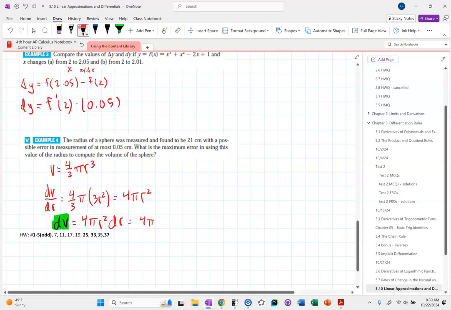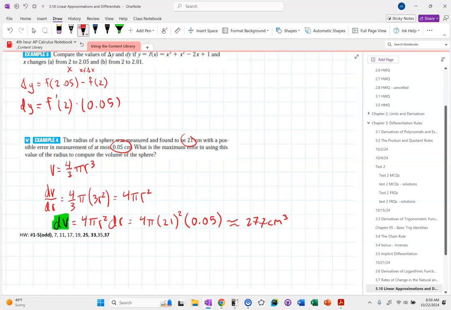So if I plug everything in, the radius was 21, and my dr is my possible change in radius. If I type this into my calculator, I get about 277 centimeters cubed. That seems kind of big, so maximum error is maybe not always the best measurement.